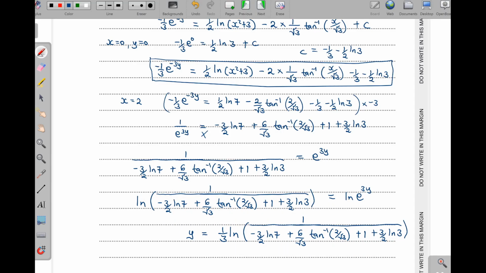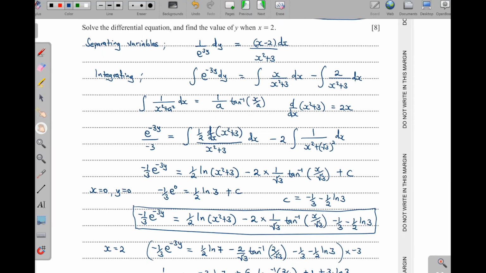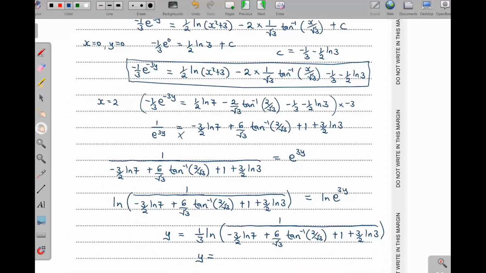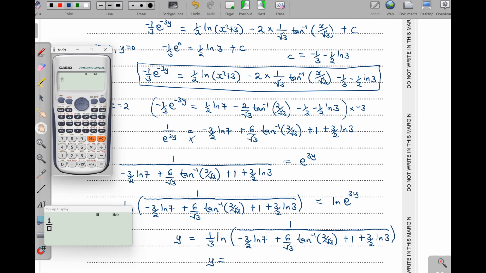Then I put this one in the calculator and I write my answer to 3 significant figures, right? Is that what they said? Okay, they never tell us, but they just said find the value of y, so you write it to 3 significant figures. Okay, let's go. A third of natural log.